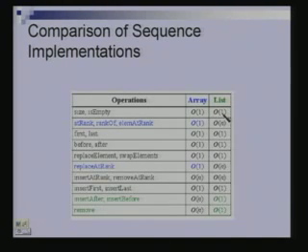As you can see, in the case of an array implementation, if you want to insert an element at a certain rank or remove an element at a certain rank, it will take order n time. If you want to insert after or insert before a certain position, this will also take order n time, and if you need to remove an element at a certain position, this will also take order n time.